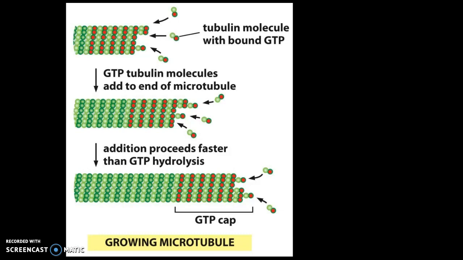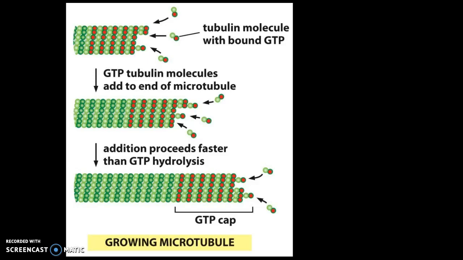So the positive end is constantly growing by the addition of GTP bound tubulin dimers. And so this one side of the microtubule is growing, and so we call that end the plus end because you're always adding to it. This GTP gets hydrolyzed.